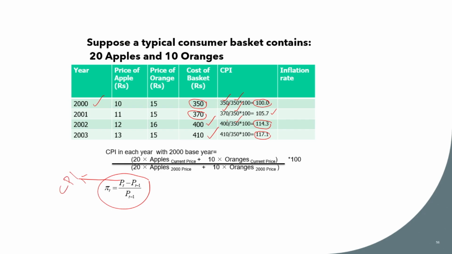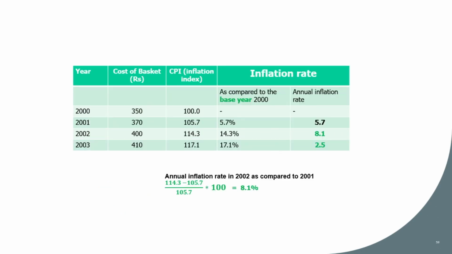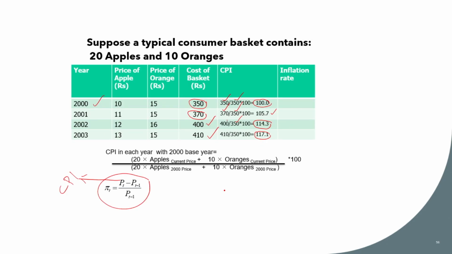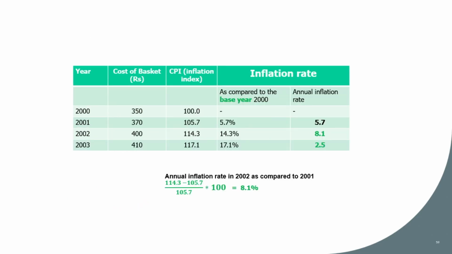So inflation is calculated as the CPI in the current year minus the CPI in the previous year, divided by the CPI in the previous year. Accordingly, you can see that, for example, the annual rate of inflation in 2002 as compared to 2001 is 8.1.